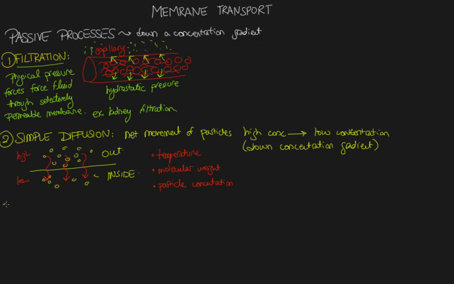Now, example number 3 is going to be osmosis. Osmosis is known as the flow of water from one side of a selectively permeable membrane to the other. So it's going to be the net flow of water across the selectively permeable membrane.